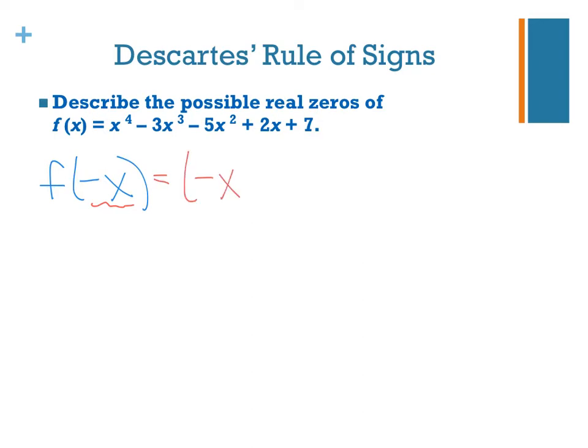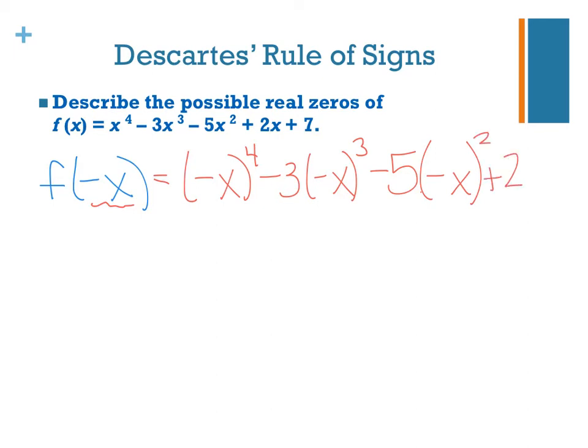So what I get is negative x to the fourth minus 3 times negative x cubed minus 5 times negative x squared plus 2 times negative x plus 7.